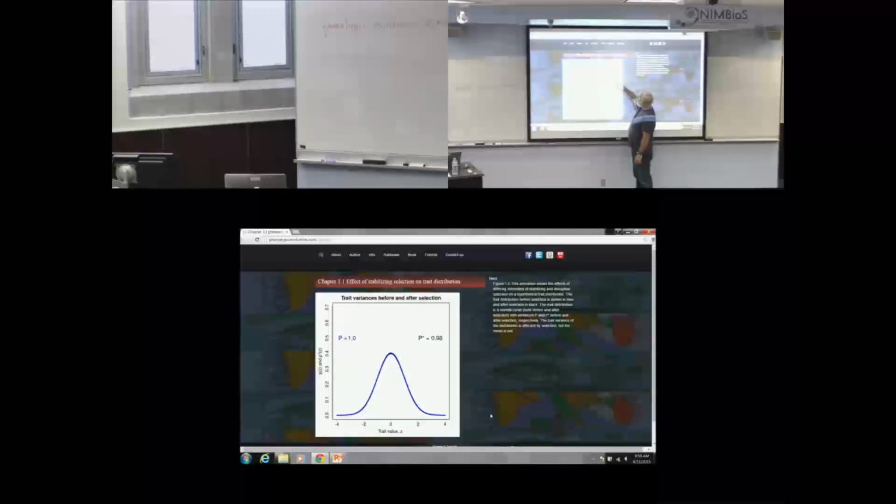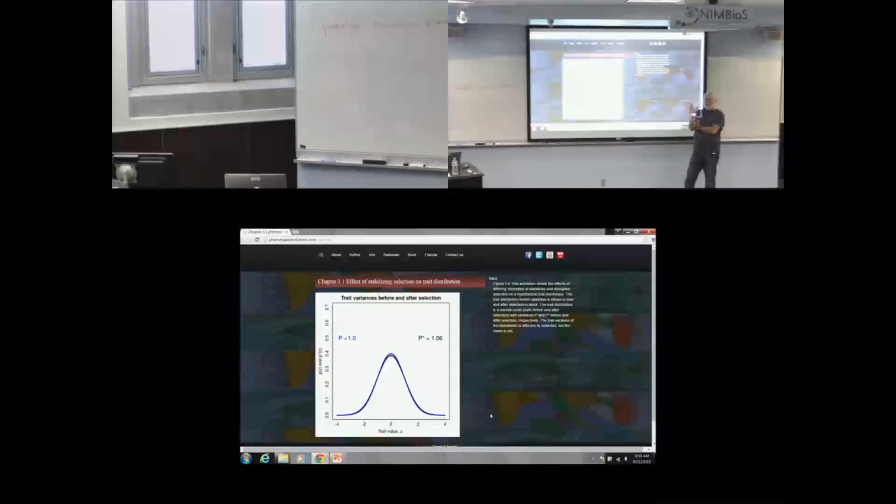Here, a 2%. Here, there's a 3% loss in variance. Here, there's a 7% loss in variance. Okay? So the simple difference between P star and P is very easy to visualize when you're looking at a trait variance that's 1 before selection.